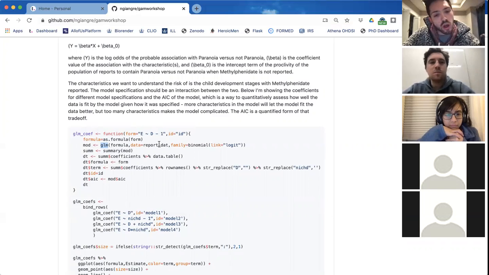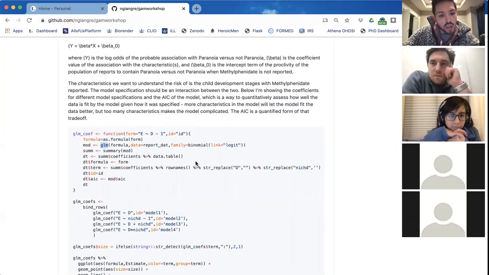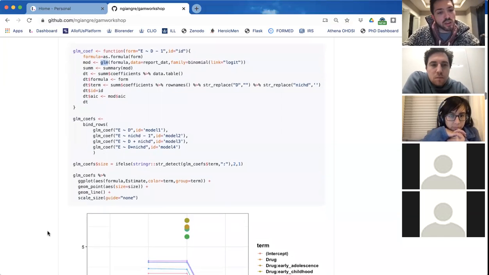And then there's other details here. I'm not going to go over them, but if you're really interested, let me know and I'll explain. But it basically is producing a data frame with the AIC to quantify how the model fits the data, as well as the beta coefficients and the formula that I use in the model to make the association.